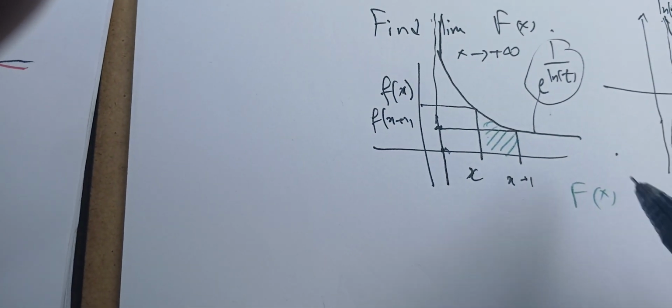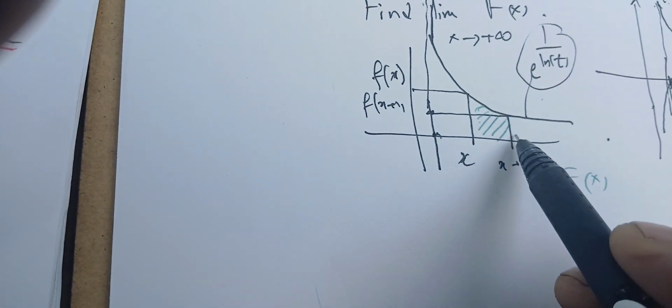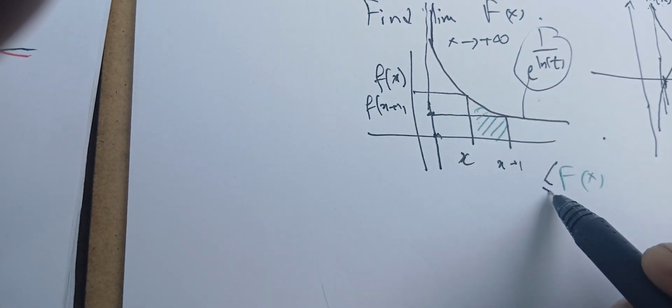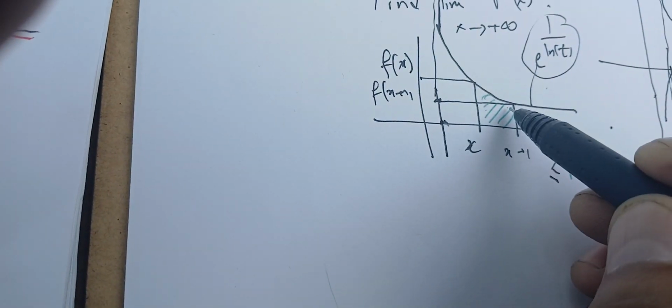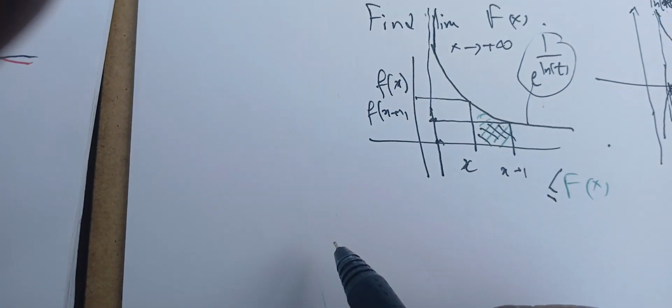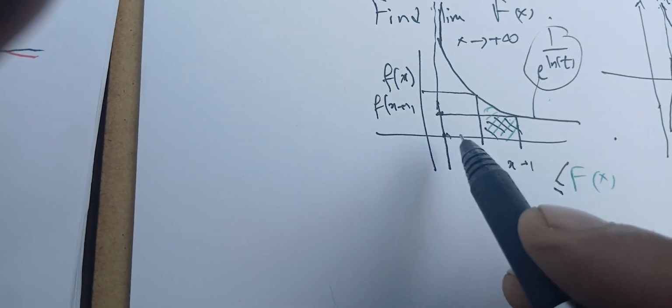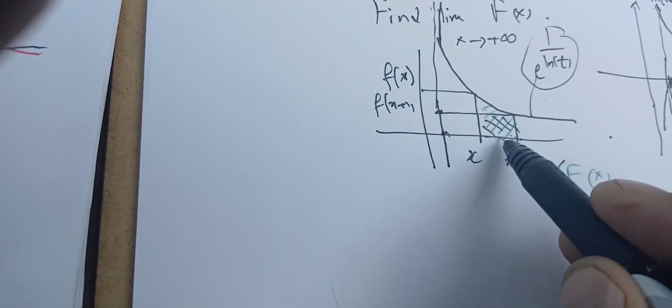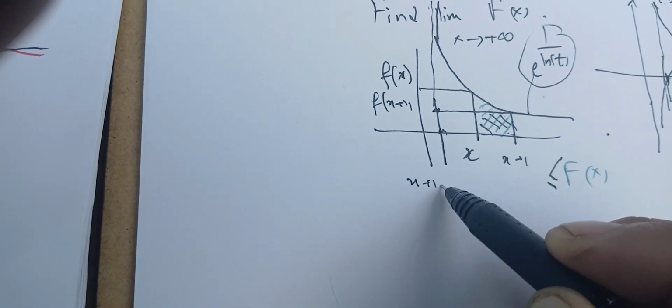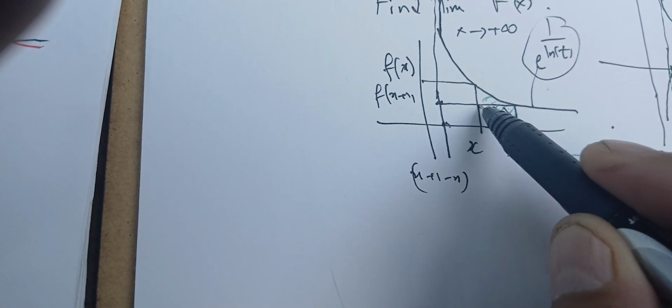And we clearly see that the integral, which is in green, is bigger than this integral here, in black. This area is this rectangle that has width x plus 1 minus x, and the height is f of x plus 1.